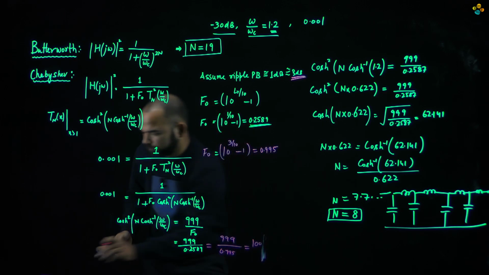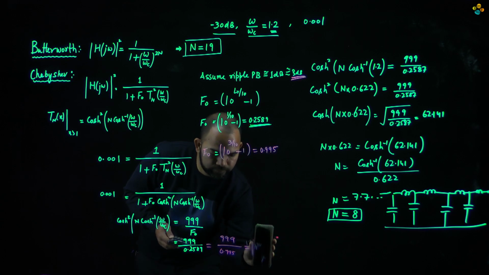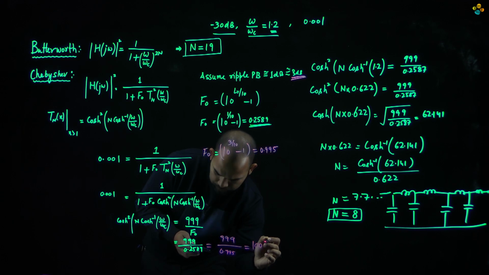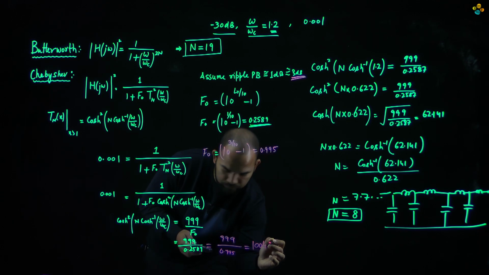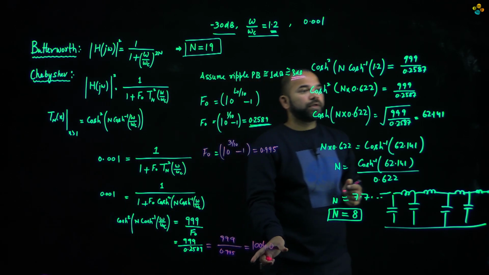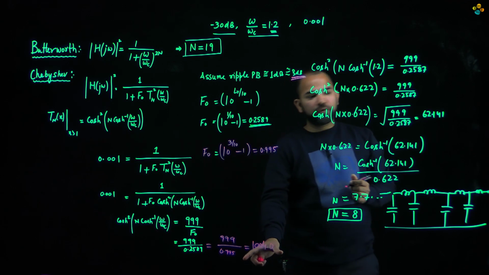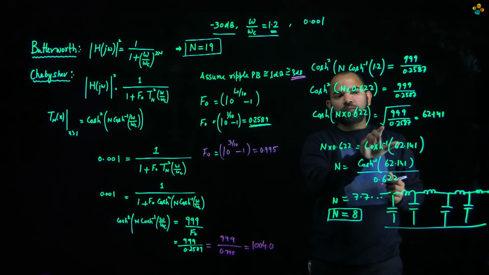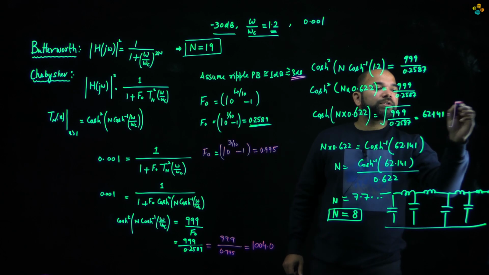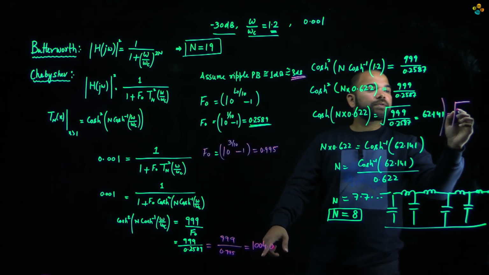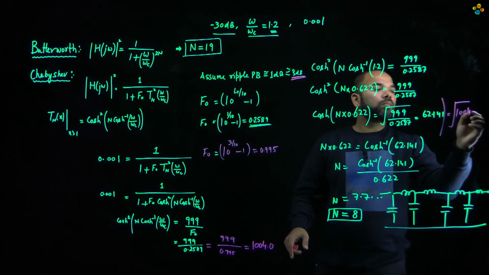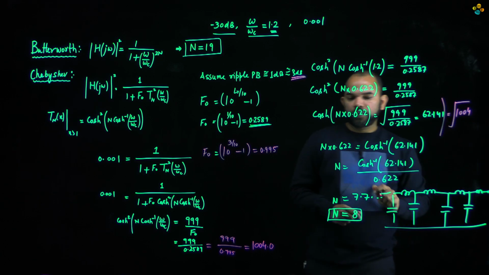Okay, so this quantity, while calculating the order of the filter, we are taking the square root of this quantity. Just a small change here. So the square root of this, let's consider up to this accuracy.